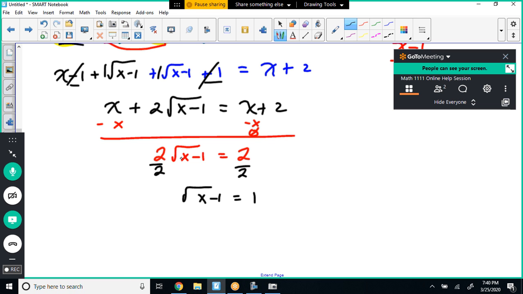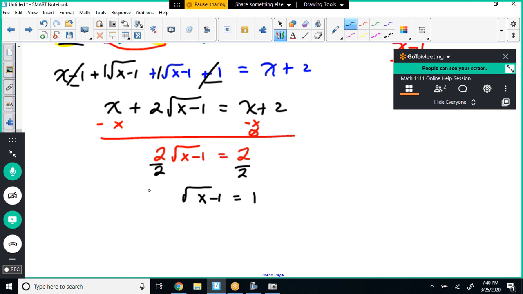Now, see, this is 2 times that. 2 times the square root of x minus 1, because you have a coefficient of 1 here and a coefficient of 1 here on the square root of x minus 1. You add those coefficients. If you have like radicals, you add their coefficients. So it gave me 2 square root of x minus 1 equal to 2.